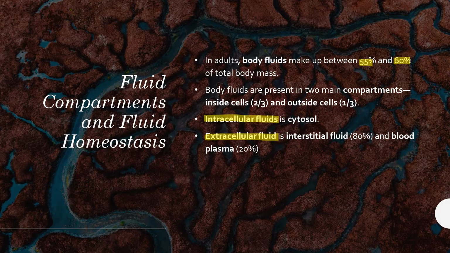Of the extracellular fluid, about 80% is interstitial fluid. This is going to occupy the microscopic space between tissue cells. And then the other 20% of extracellular fluid is plasma, which is the liquid portion of blood.